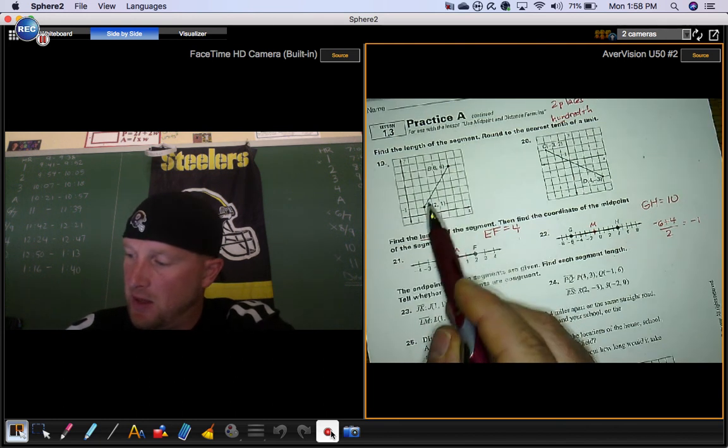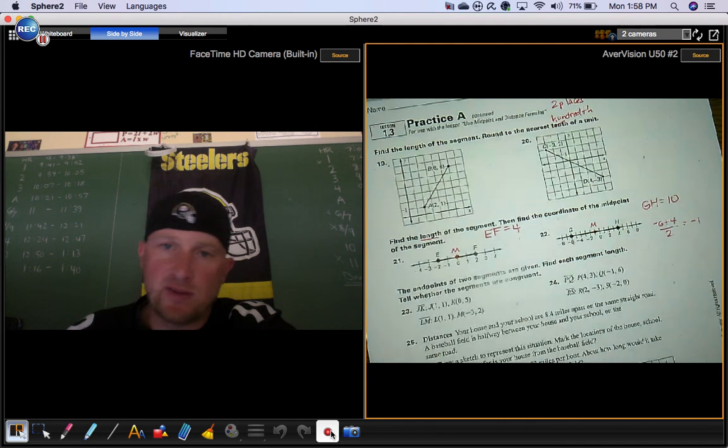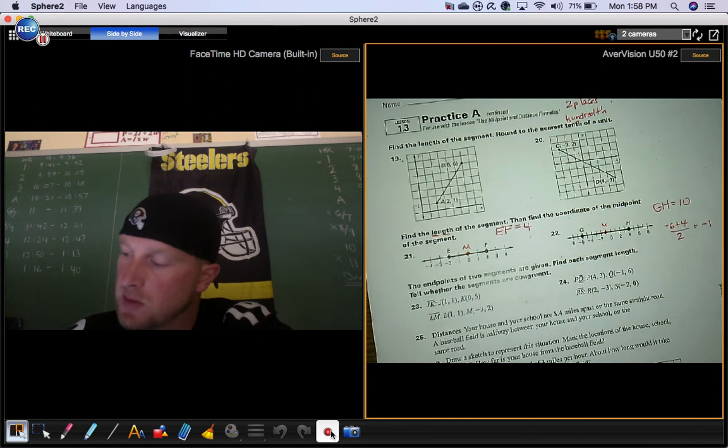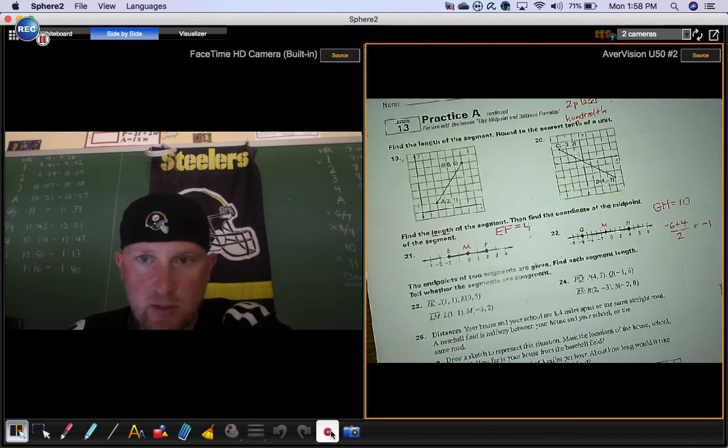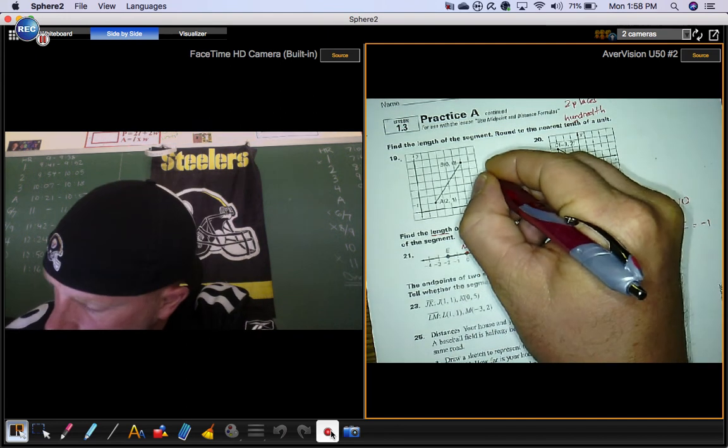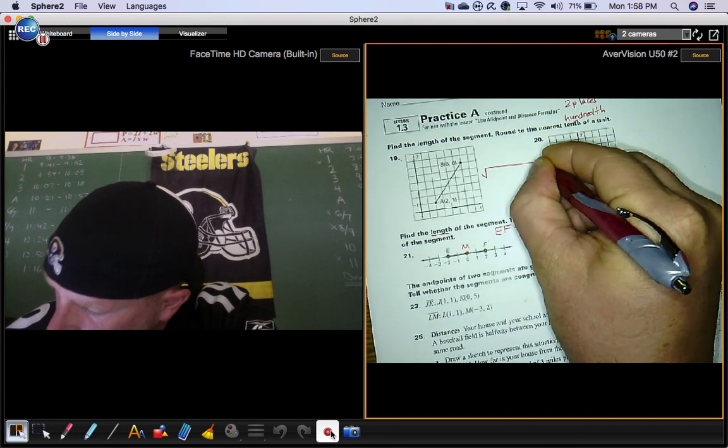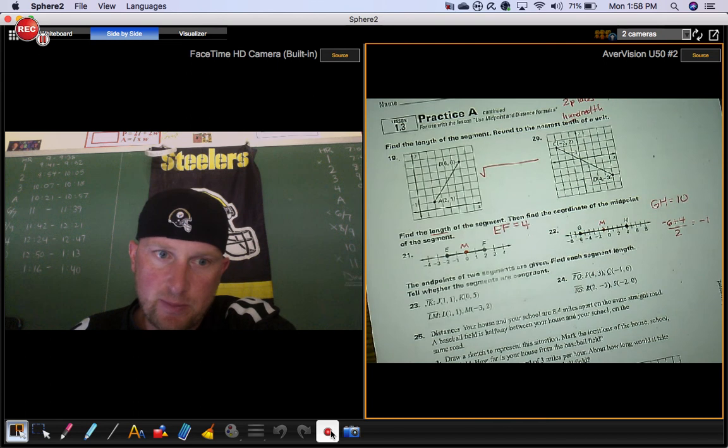How do you find the length of a segment? Well, you can't count if it's diagonal. So we have a formula. And it looks like this. Big square root.